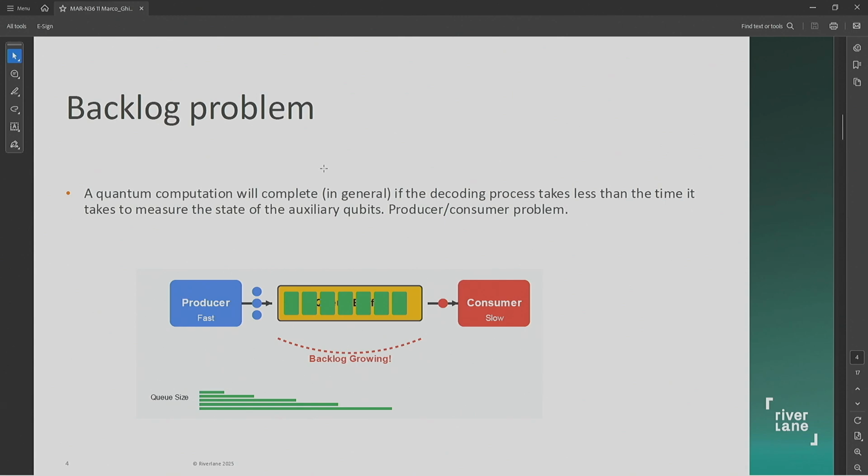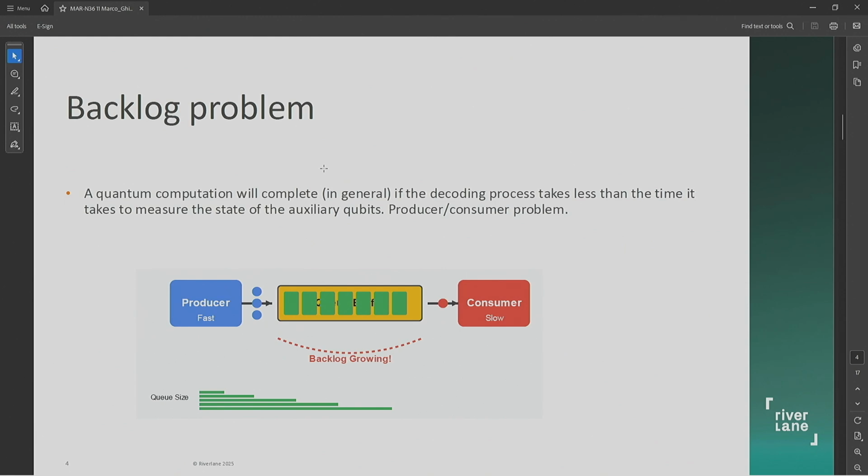And this is partially the answer to the question that was raised before. What you want to be able to achieve with regards to error correction is to be able to receive, compute and decode continuously a stream of measurements, and avoid generating a backlog, so accumulating them and not being able to keep up with the production of the values.